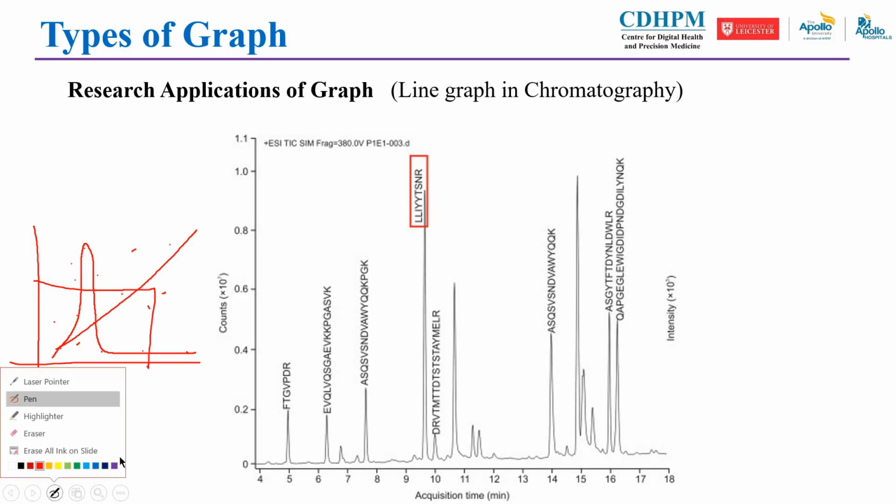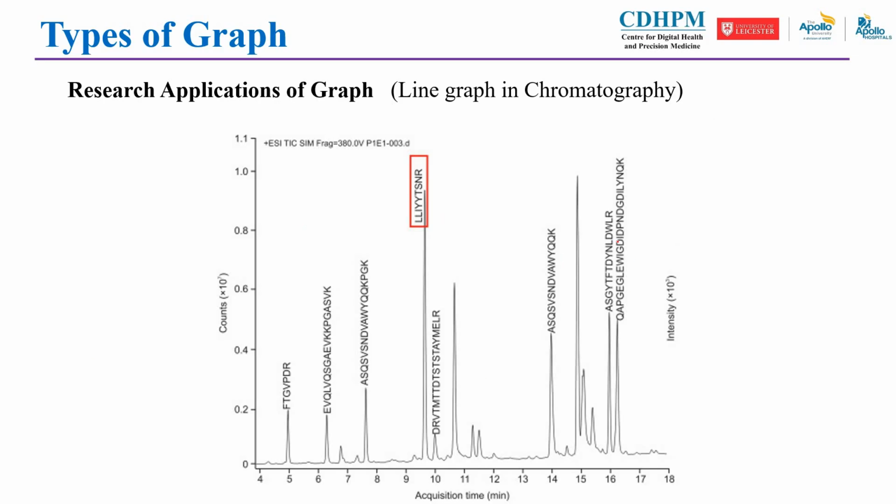But these kinds of instruments use a line diagram to represent continuous data. Continuous data is also called dynamic data, it keeps on changing. So the changes are easier to monitor when they are connected in lines.